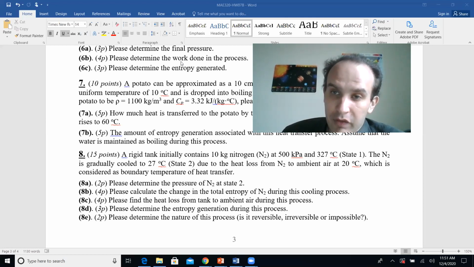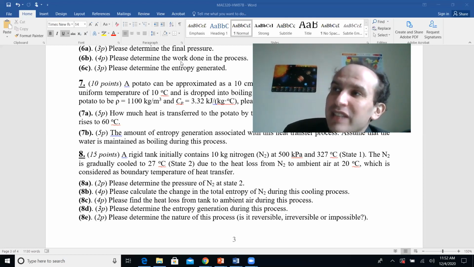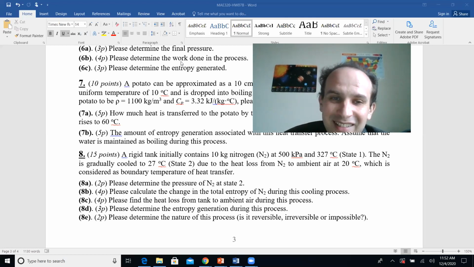I don't know this year, but I had years when there were excellent students, typically from the president's list, who ended up this class with 112 out of 100. So basically, that is how you get it.